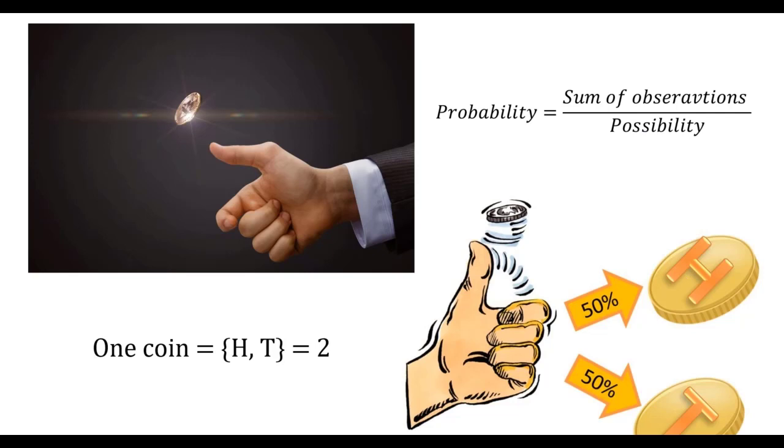We can predict a 50% chance of getting a head, or a 50% chance of getting a tail. The sample space is the total outcomes of the event.